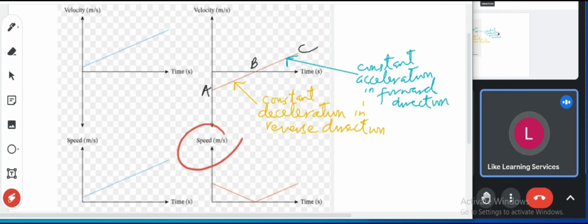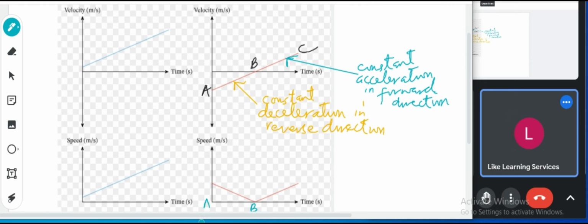So now for a speed against time graph, you can see this is constant deceleration from A to B. So that's why it looks like that.